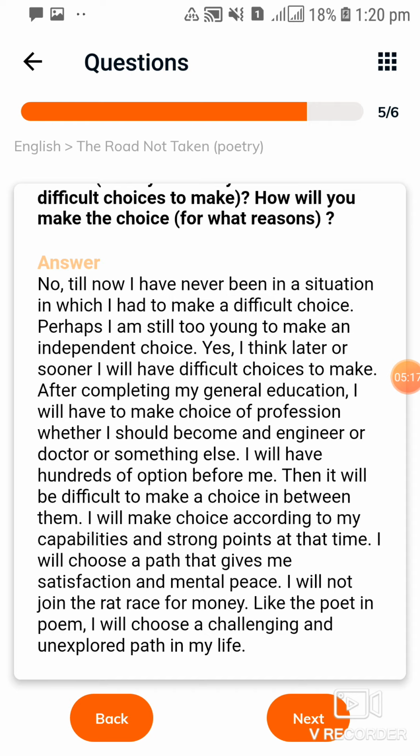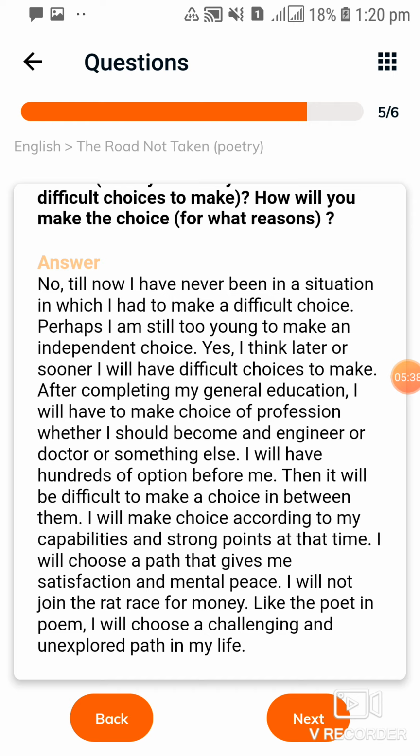I'll have to choose a profession, whether I should become an engineer or doctor or something else. I'll have hundreds of options before me. Then it will be difficult to make a choice between them.